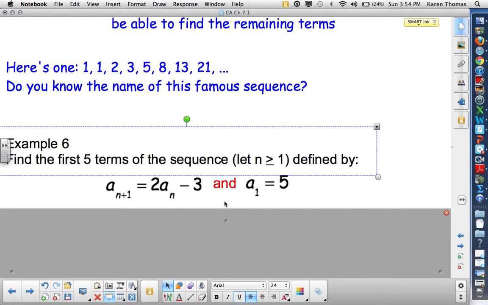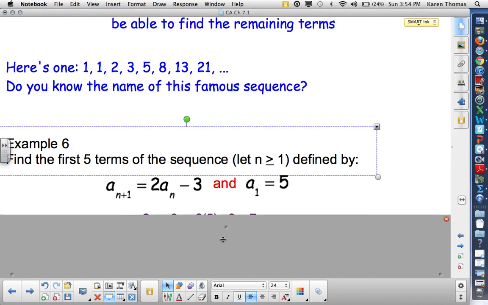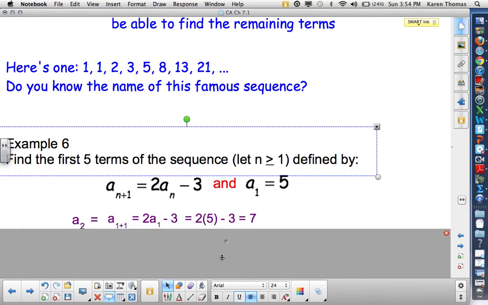So we gave you one of the terms, and we gave you the formula. Whenever you see a sequence, not a series, it's a sequence, n plus 1, you can assume safely that it's a recursive sequence.